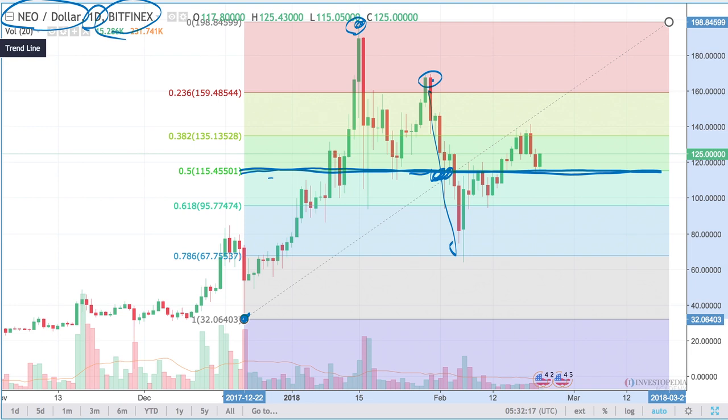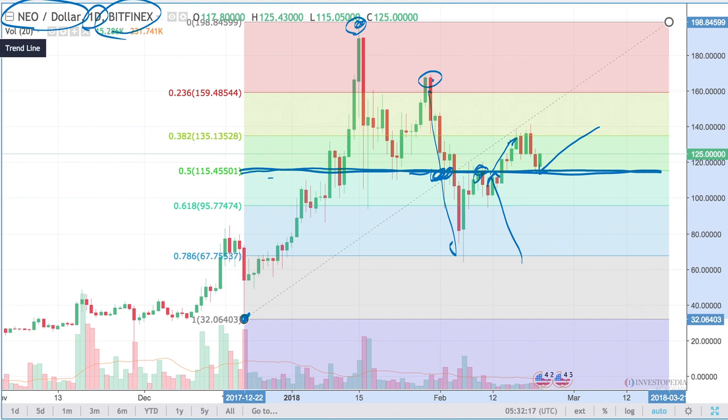Then NEO saw resistance at that same price at the 50% retracement level, but once it broke above that 50% retracement level, the resistance point here then became support again. So you'll notice when you're trading and you're investing in crypto assets, how these levels are key because they swing between a place where you want to buy the crypto asset and a place where you want to sell the crypto asset.